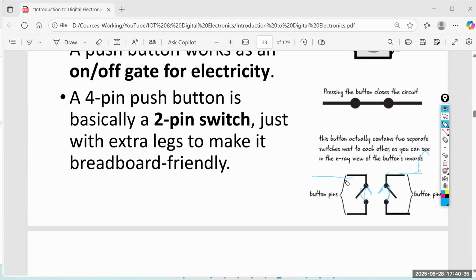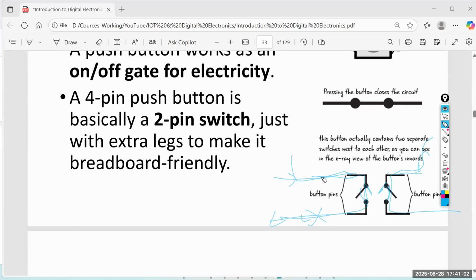That means when you push it, electricity comes from this side and can go to the other side. When you release it again, electricity cannot go to this side. It's like two switches actually. If you have electricity here, when you push it, the circuit goes like this. If you have electricity here, it can go like this. It's two independent push buttons.